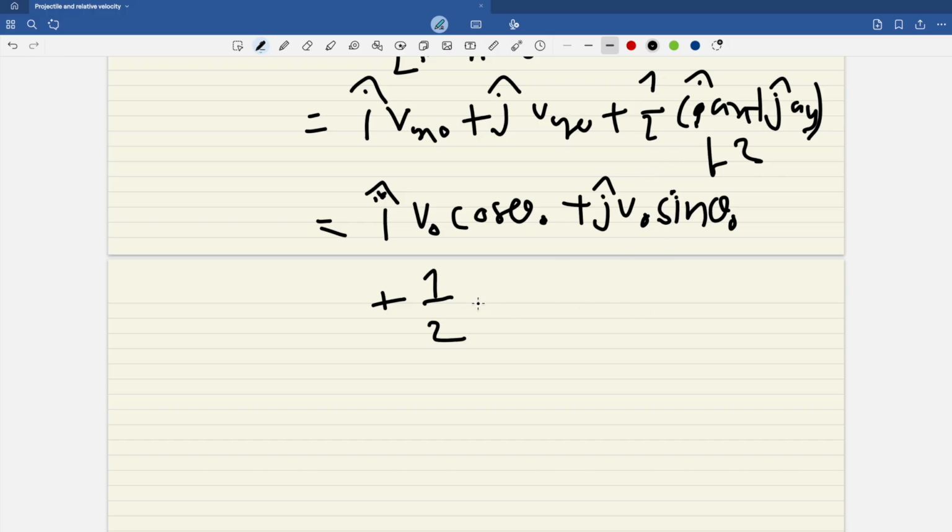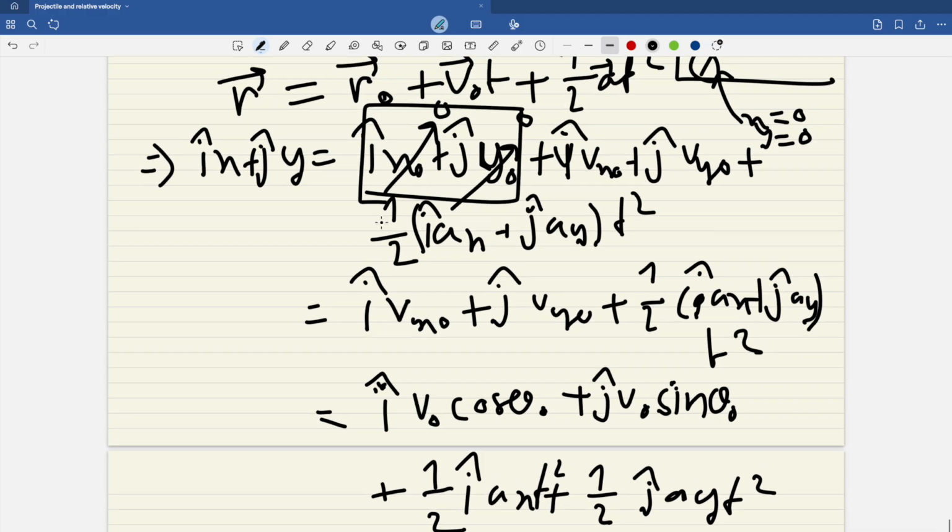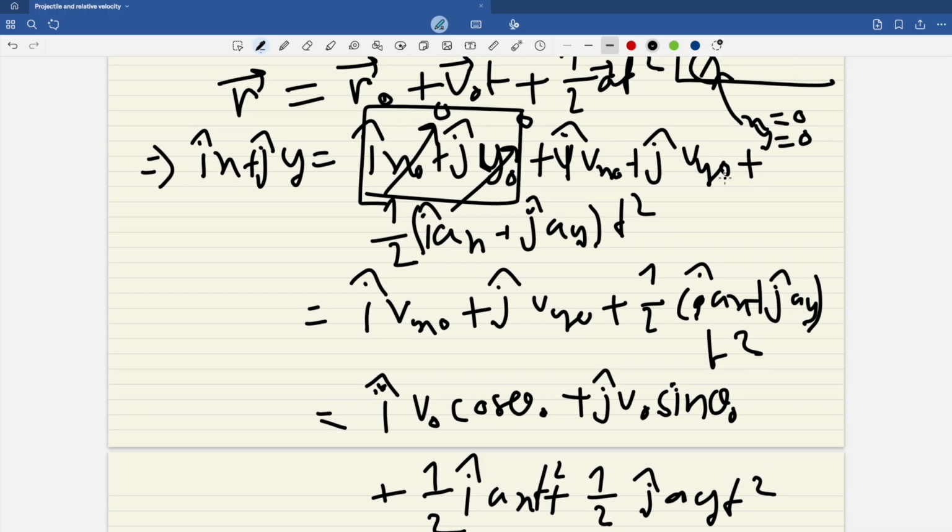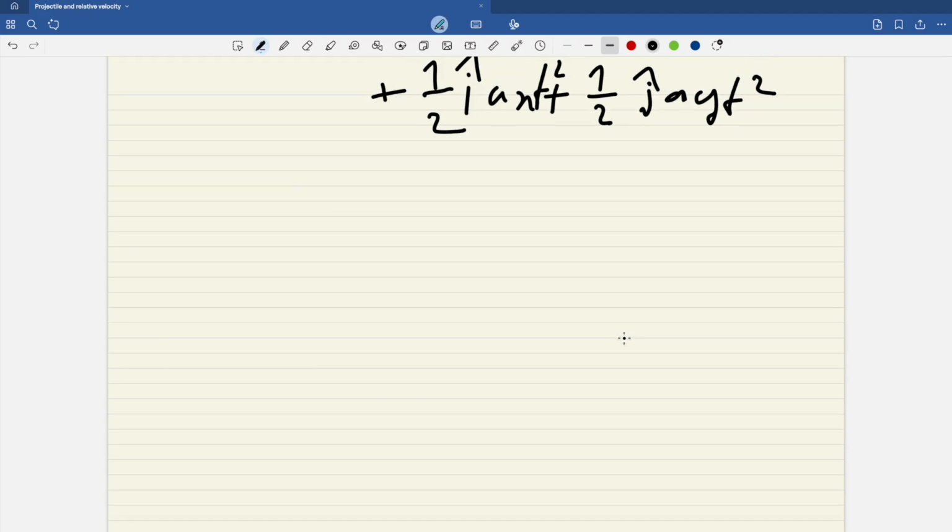So half of i ax and then half of j ay, t square. Here is a t square as well, and there's a t as well.